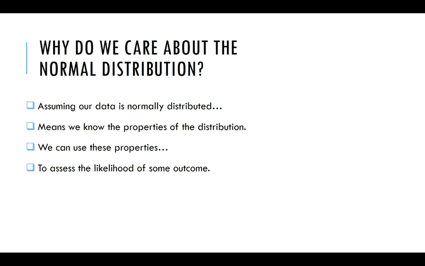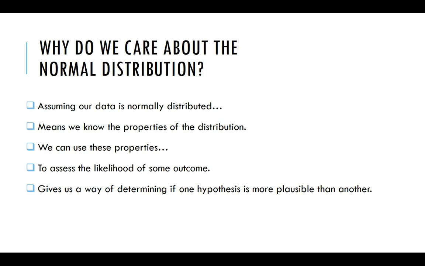That's helpful information. And so that's going to give us a way of determining if one hypothesis is more plausible than another hypothesis, because we now have these degrees of certainty. I'm only 68% certain that it falls in this range, but I'm 95% confident that it would fall in this other range. You get the idea.